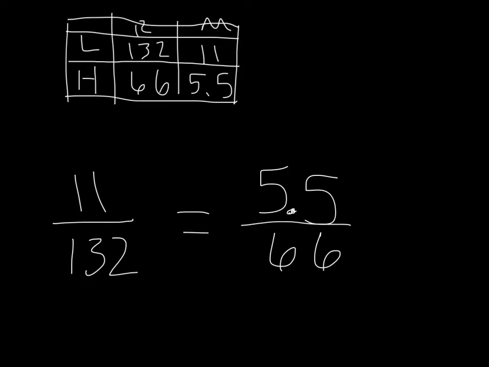So when we simplify both ratios, we need to take 11 over 132, and we're going to find the GCF. What is the GCF of 11 and 132? The GCF is going to be 11.